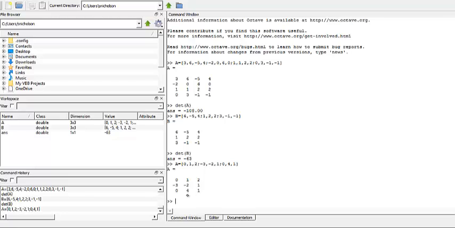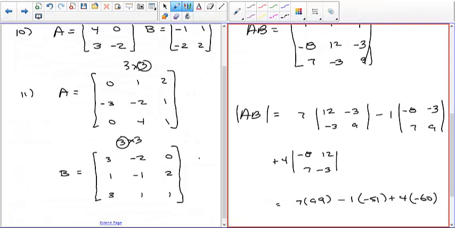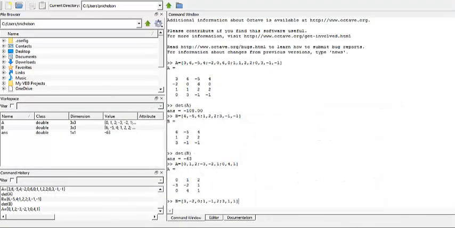Okay, so that's matrix A. Then we say matrix B equals, put a little square bracket in there, 3 comma negative 2 comma 0 semicolon 1 comma negative 1 comma 2 semicolon 3 comma 1 comma 1 right bracket. Just checking to see if it looks like what it did. Okay, so that's matrix B.